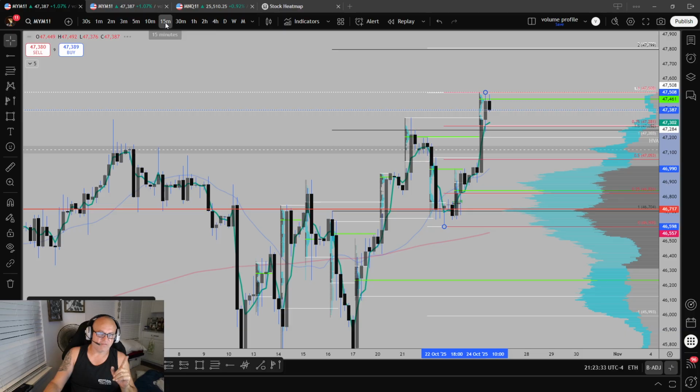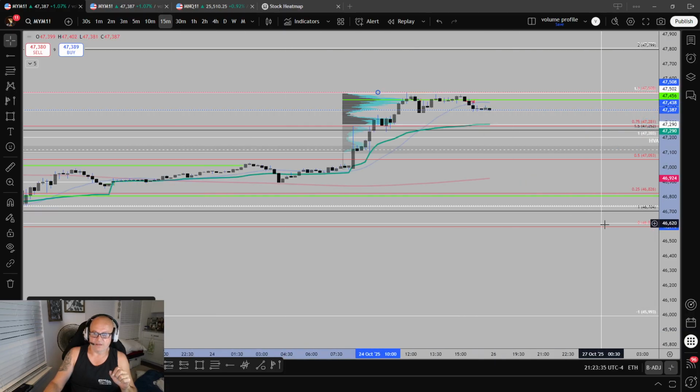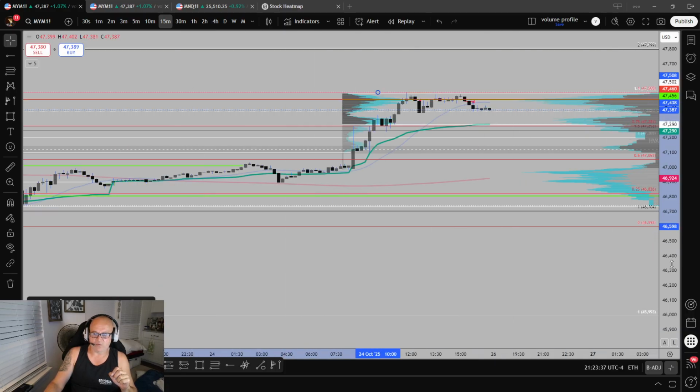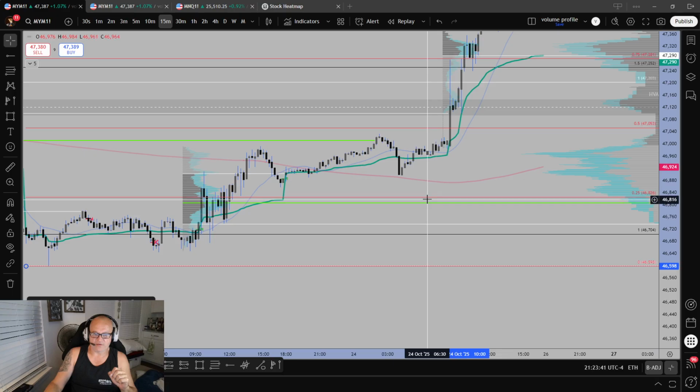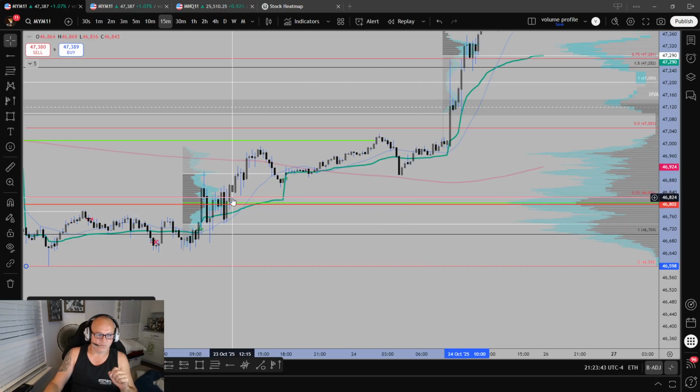So if I move down to the 15-minute chart here, basically what I would want to see is a fair value gap at the 25% level, all right? And we don't have one, okay? So that's a problem for me. So we certainly could continue to move up from where we're at.